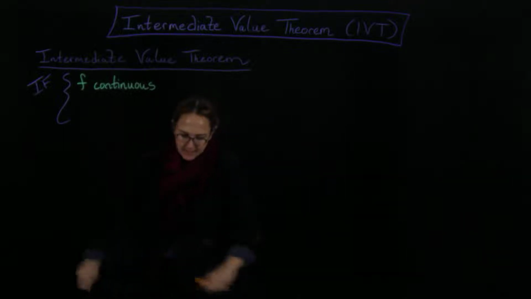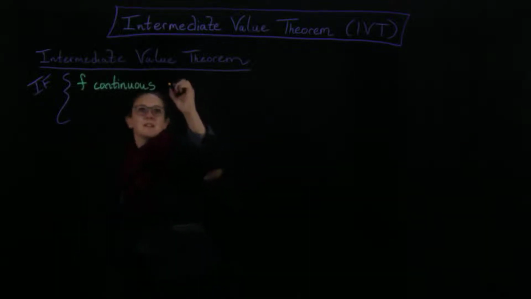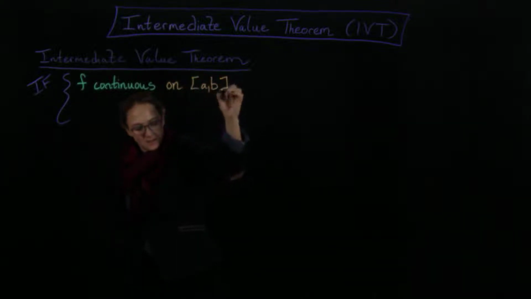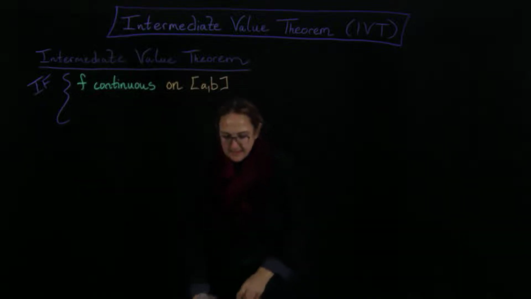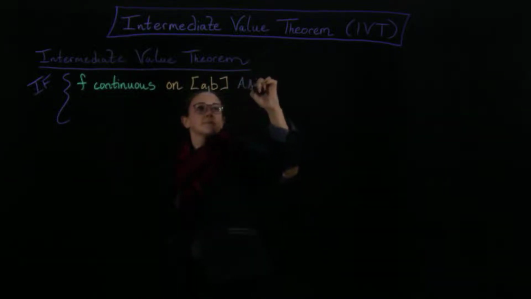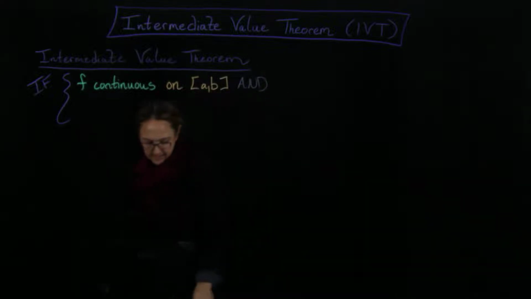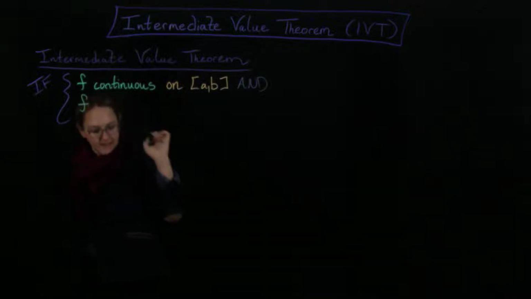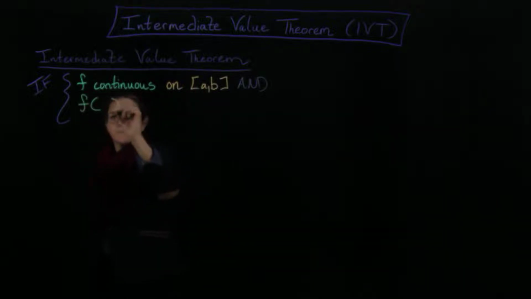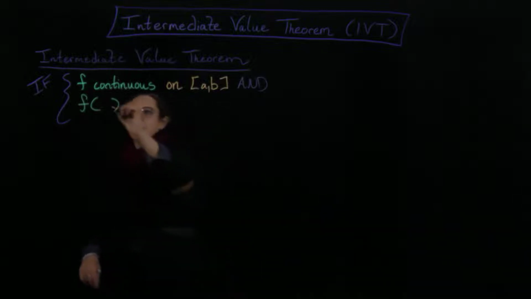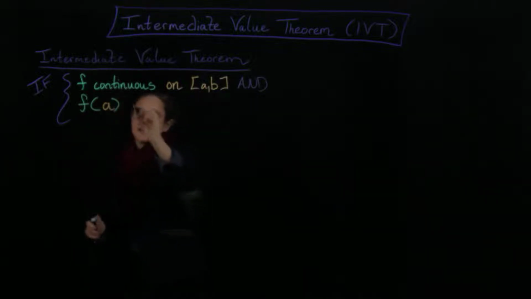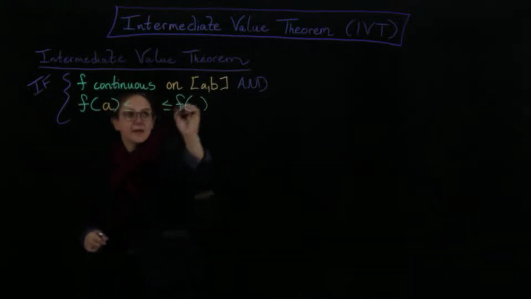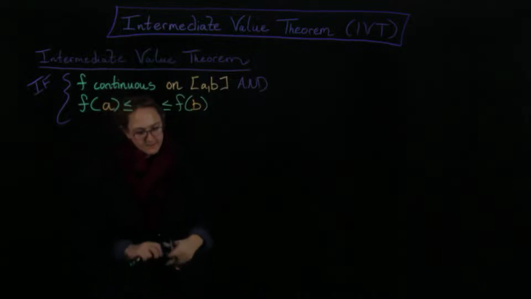I don't know why, usually I leave the interval off, and then for some reason wanted to put it back: on the interval [a, b]. And I have f of a, and I know that this is going to be less than or equal to some n that's going to fall between them.